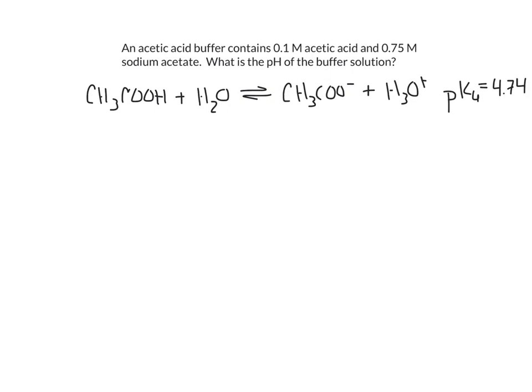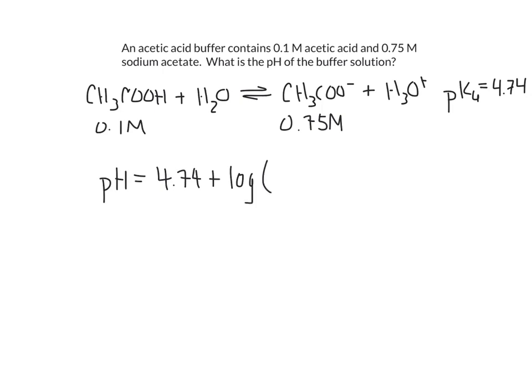And so I have 0.1 molar of this and 0.75 molar of this. And I know that the pH is going to be equal to the pKa plus the log of the conjugate base concentration, so 0.75 molar, divided by the conjugate acid concentration, 0.1 molar.